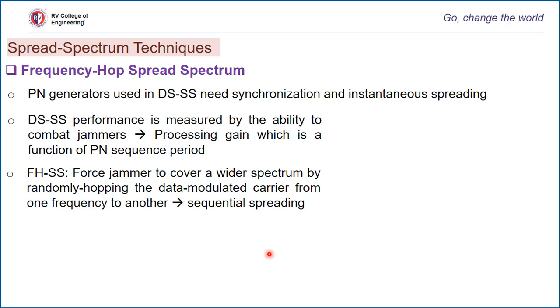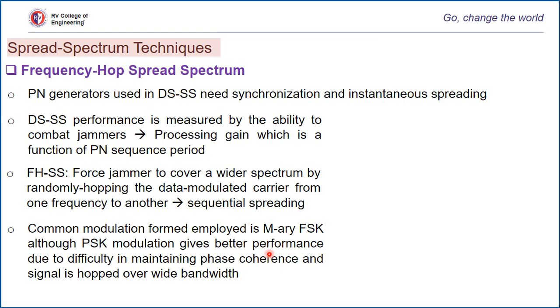Although PSK modulation gives better performance than FSK in an AWGN channel, as you might have seen in unit 2 in terms of probability of error, it is sometimes difficult to maintain phase coherence in the synthesis of the frequencies used in the hopping pattern, and also in the propagation of the signal over the channel, as the signal is hopped from one frequency to another over a wide bandwidth.